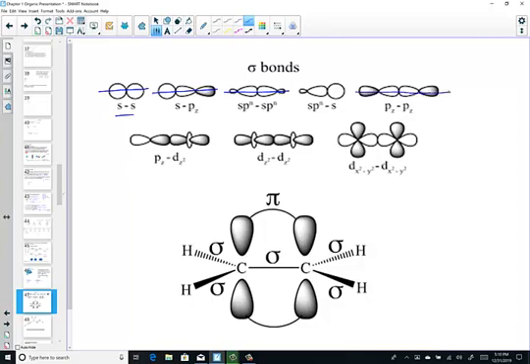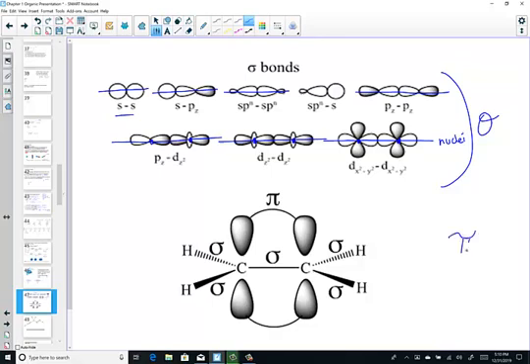So here we have examples of sigma bonds, which means that the overlapping orbitals lie along the same axis. And when I say that, it's the same axis as the nuclei, right? That's where the nuclei reside, in the center of the atom. So it's along the same electron density as where you find the nuclei of the atom.